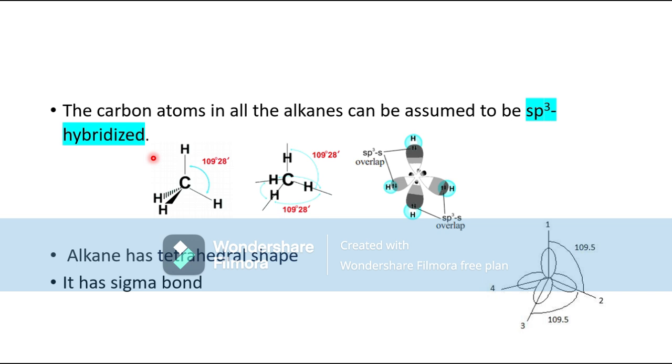The carbon atom in all the alkanes can be assumed to be sp3 hybridized. Taking methane as an example, the alkane has a bond angle of 109 degrees.